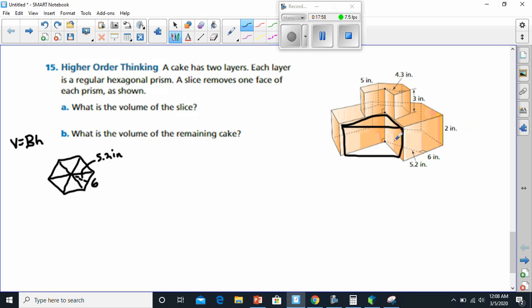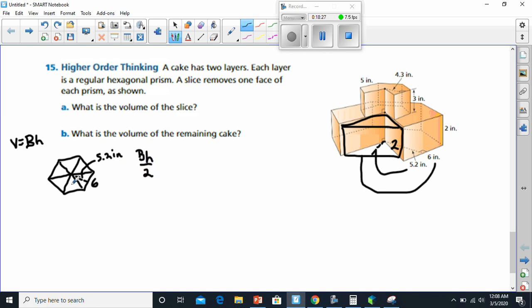We know that it's 2 inches tall. We know from the center this way that it is 5.2, and we know this side is 6 inches. So from there, we can work. First of all, we take the formula for a triangle, which is base times height divided by 2.